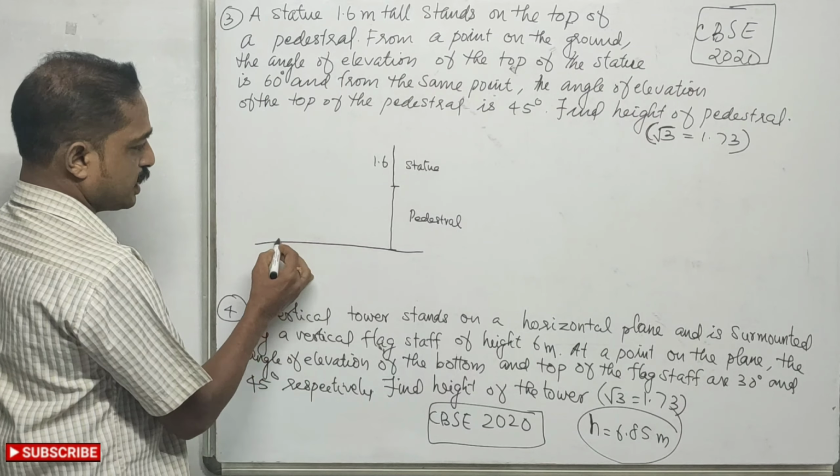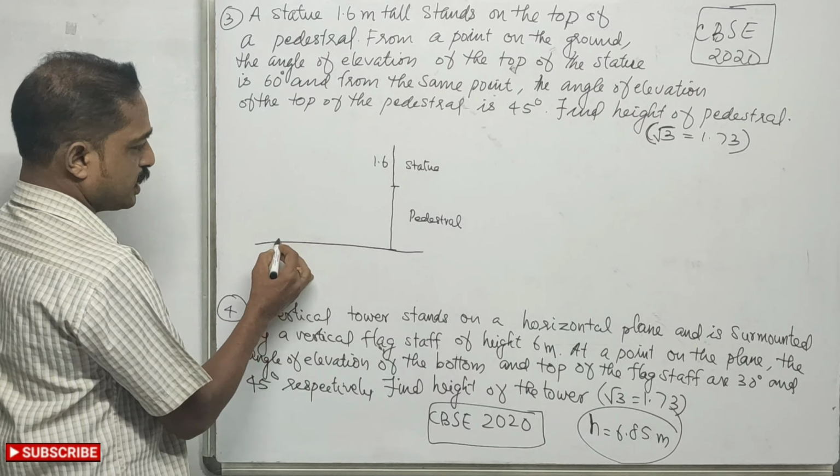That is, h must be equal to 1.6 plus h by root 3.